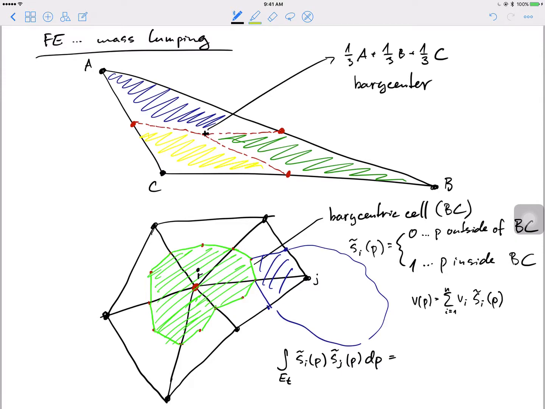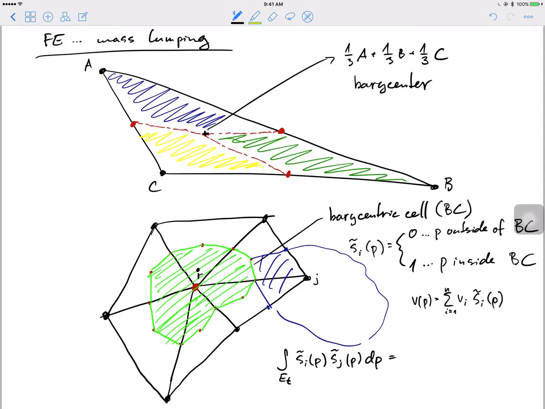And how much is that, depending on i and j? There are two cases. Either i is equal to j, so I'm integrating the shape function squared, or they are different. And the answer is very simple.